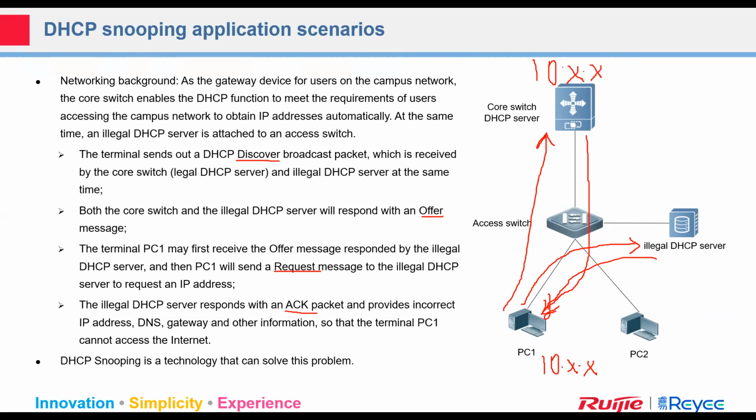But since there is a rogue DHCP server which is giving a different set of IPs, for example 192 IPs, when the DORA process is interrupted, this PC will get a 192 IP, which causes the user to be unable to get to the internet because it gets a different IP.